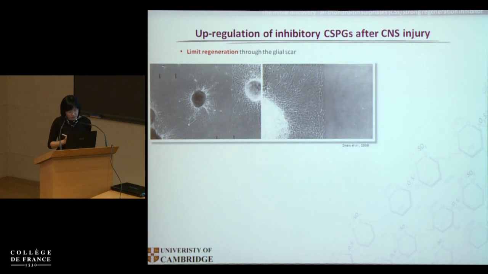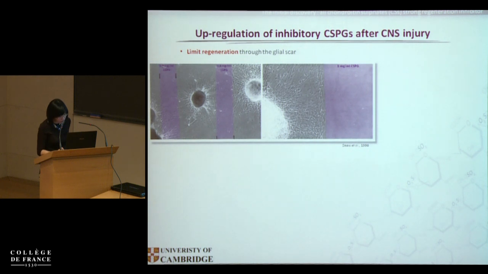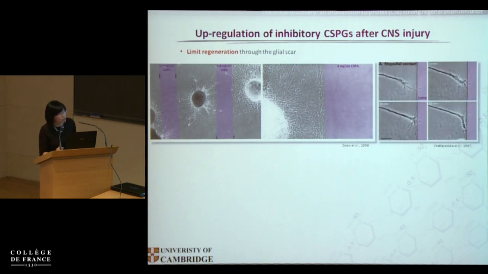When they put the chicken axons in the presence of this coated CSPG substratum, what you see is that in areas with high concentration of CSPGs, you basically don't have any axons going into the area, suggesting that these areas are highly inhibitory.